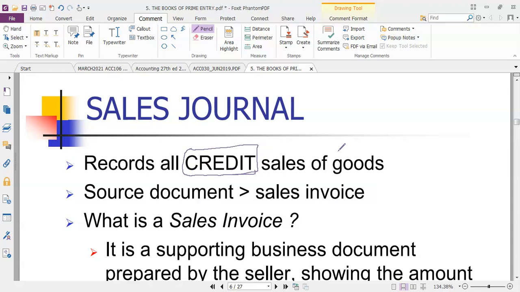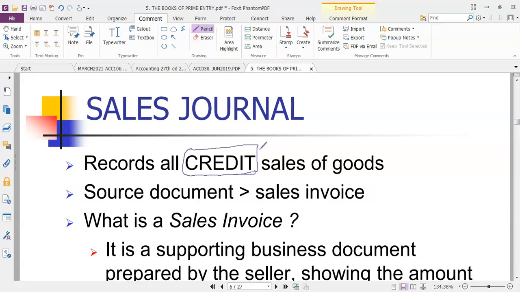Credit sales. Can you remember? I've already mentioned many times in our class last week. What is credit? Can someone give me the definition of credit? What does that mean?